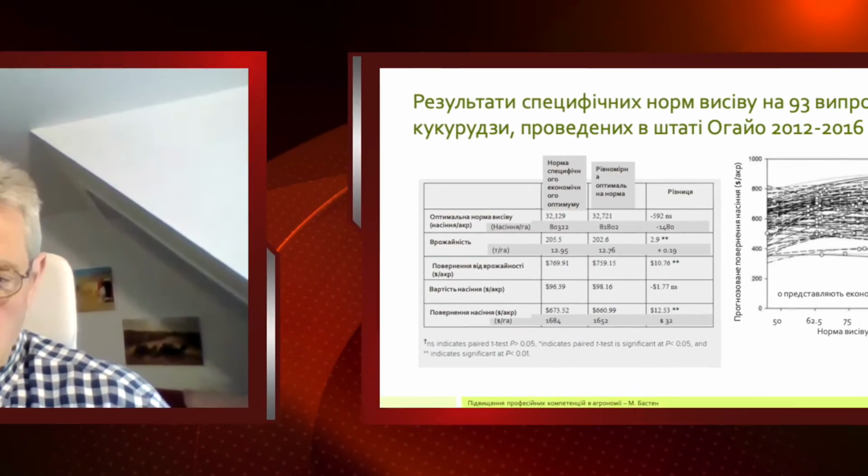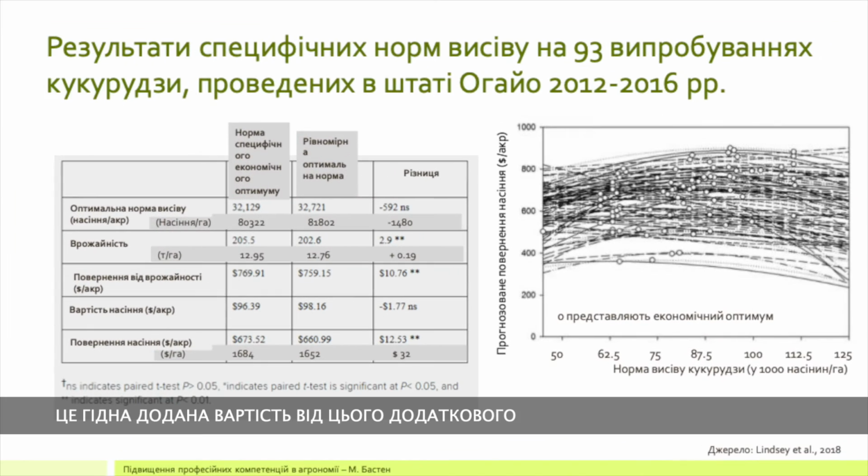trials. Of course, this is a decent added value, or an additional income from this more differentiated management. But of course, we need to consider the cost for equipment and information to analyze data and all the information technology.